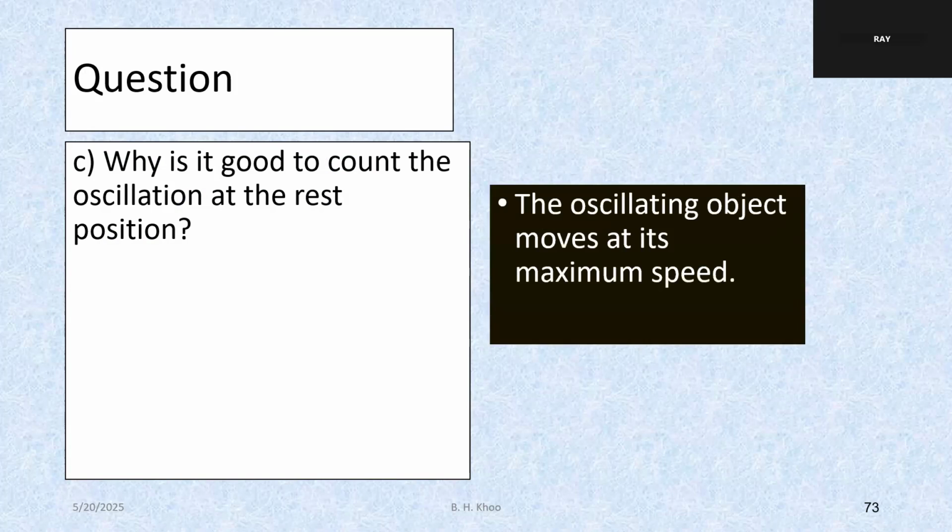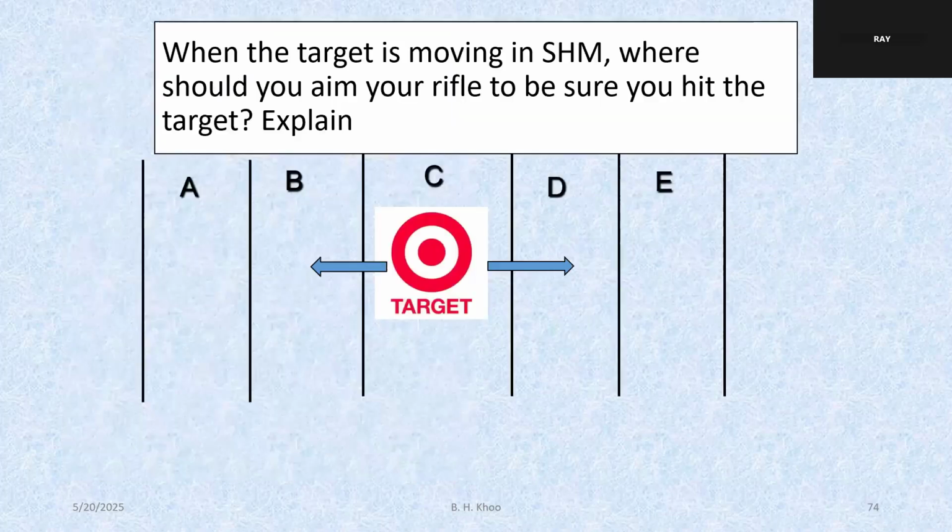Okay, this is a target moving in SHM. Where should you aim your rifle to be sure you hit the target? Explain. This used to come out in objective questions under SHM, but now no more. So where should you point your rifle to make sure you hit the target?